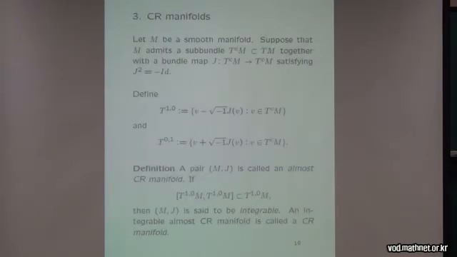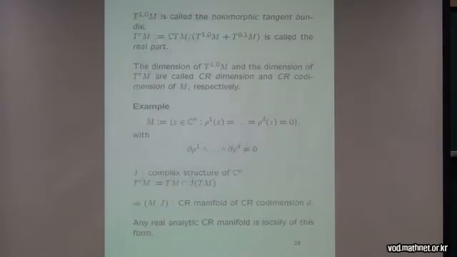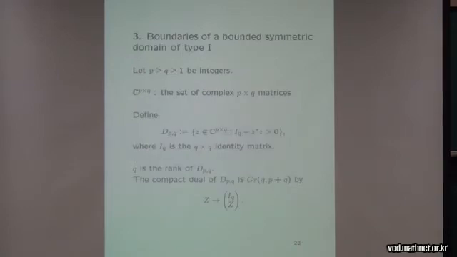So we study the boundary structure, which I called the shear structure before. So this is just an abstract theory. So let me focus on the boundary of the bounded symmetric domain of type 1. So recall that type 1 is just, here this is little g, but anyway, this is a type 1 bounded symmetric domain.